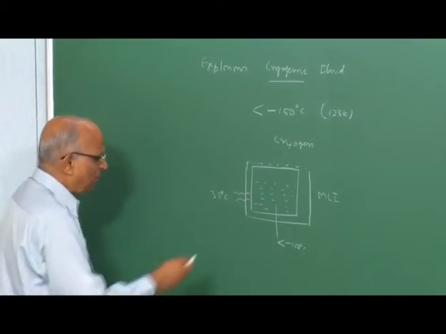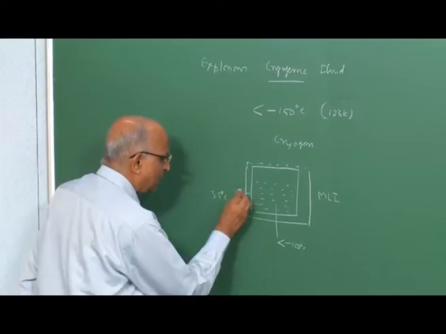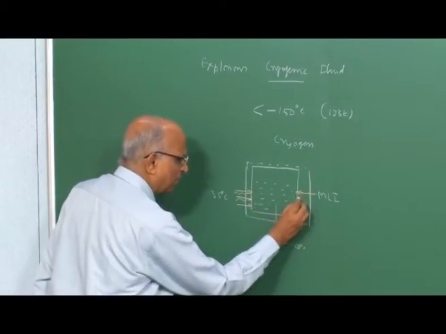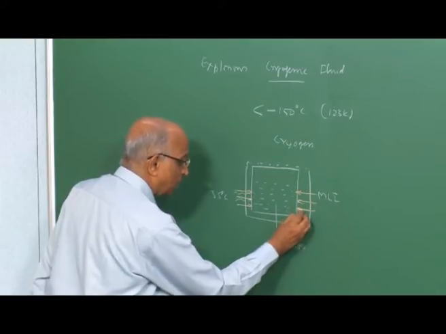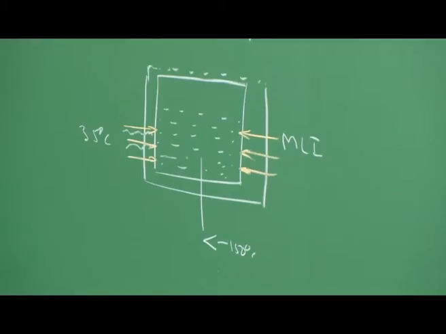Now, even if you give the best possible insulation, there is always some heat leak which occurs. There is always some heating which is going to take place. Maybe it's small, but still it is there because of the large temperature differences. And what does this heating do?